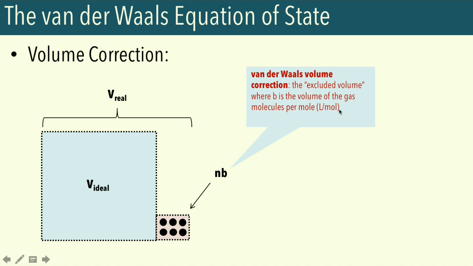So if we're going to write this down, the volume of our real gas is equal to the volume of the ideal gas plus the corrective term over here. So this takes into account the so-called excluded volume. Let's try to include this term in our corrected van der Waals equation.